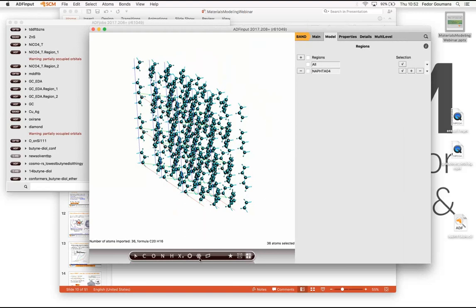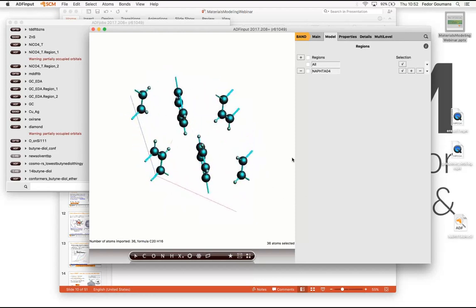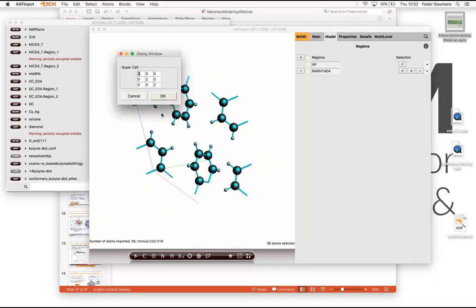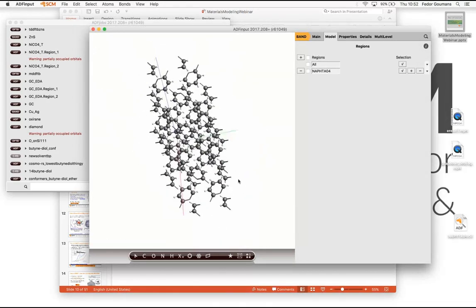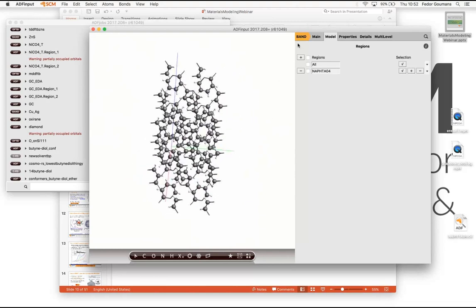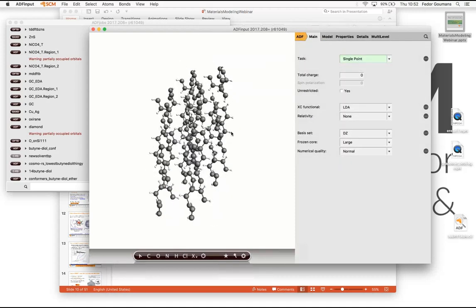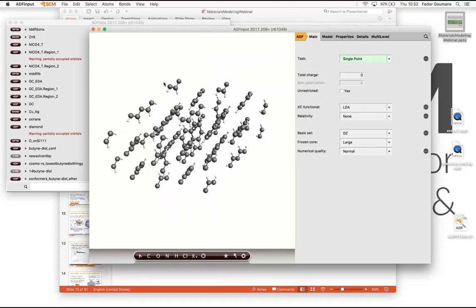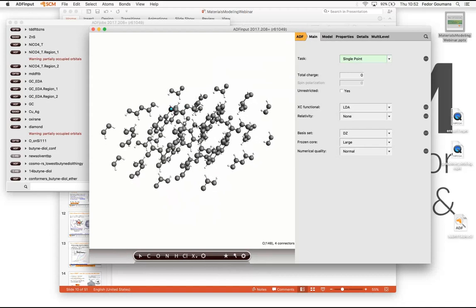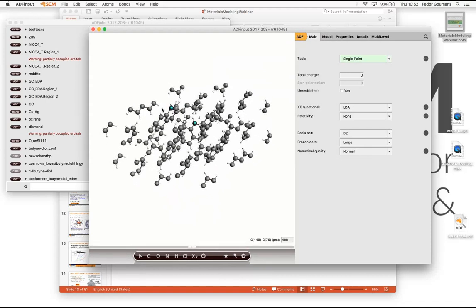Now in this case, we want to cut a dimer, and you can see that there's no dimer in the unit cell, so we need to make a little bit bigger unit cell. So let's make a 2x2 unit cell, and that allows us to actually pick a set of dimers. So now we switch from band to ADF, and now we have a molecular representation, and we select two molecules here.